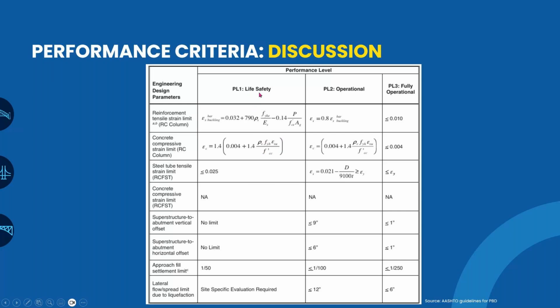For life safety, let's say the concrete compressive strain is calculated by this formula. It is not a single numerical value as given in CSA, but depends upon the axial force in the structure and the shear reinforcement configuration.